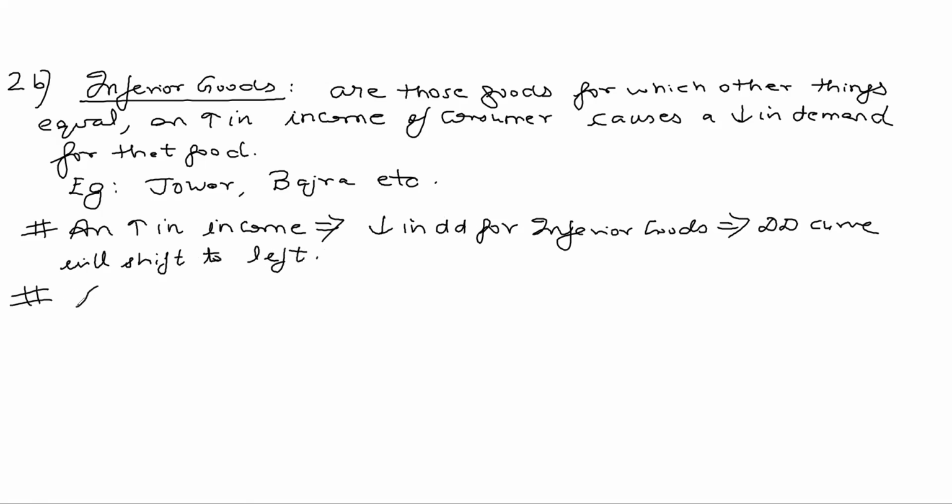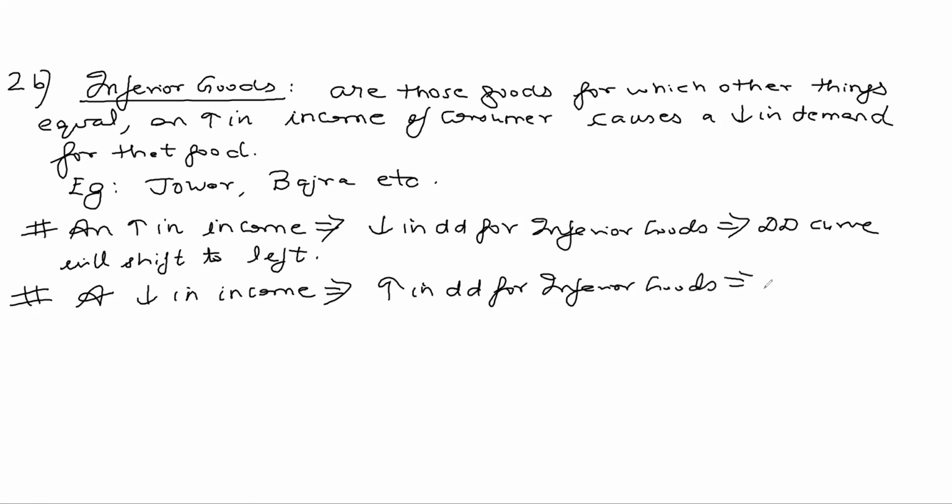And similarly, a fall in income implies increase in the demand for inferior goods, which implies that the demand curve will shift to the right.